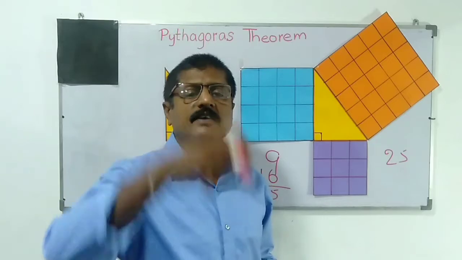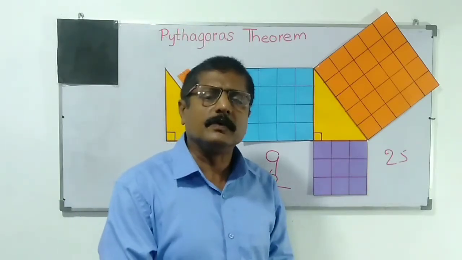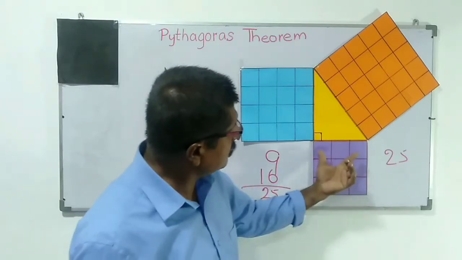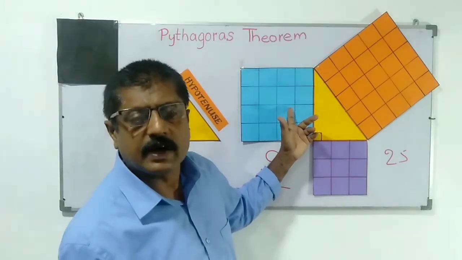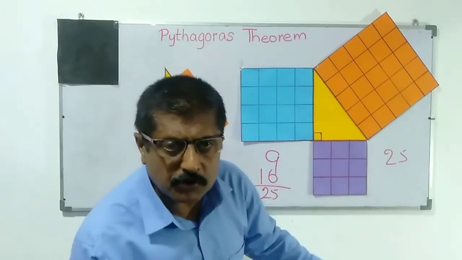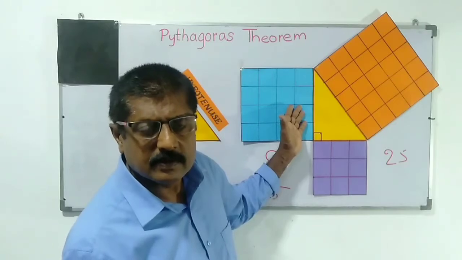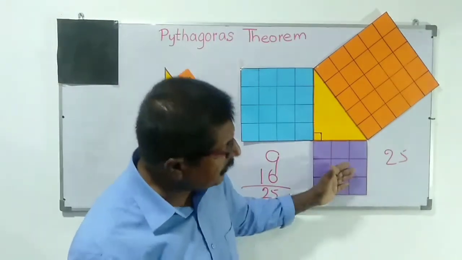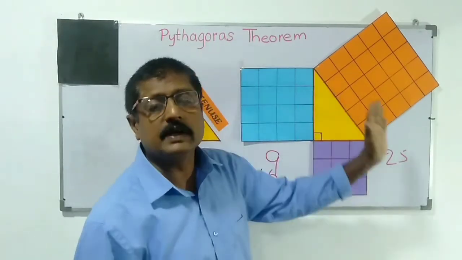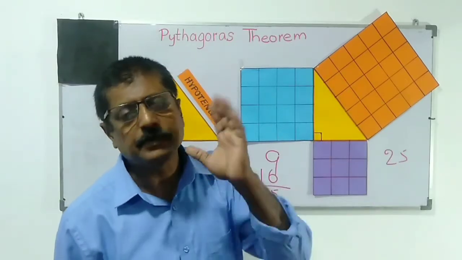This is the special relationship that Pythagoras found. What are these squares? The sum of the areas of the two squares drawn on these two sides is equal to the area of the square drawn on the hypotenuse.